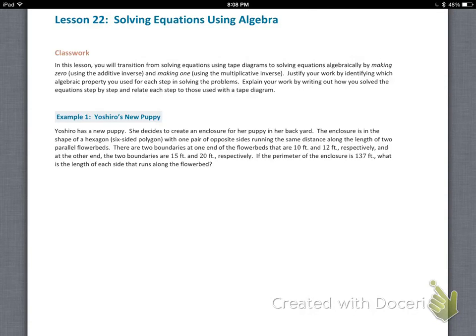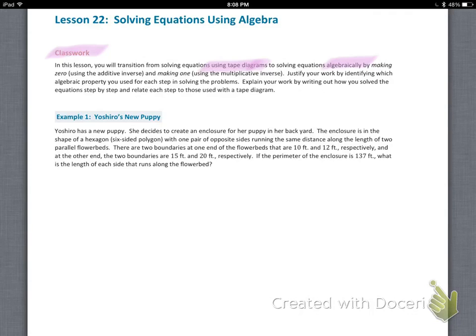This begins with a classwork explanation here, and I'm reading right up here from Classwork. In this lesson, you will transition from solving equations using tape diagrams to solving equations algebraically by making zero.